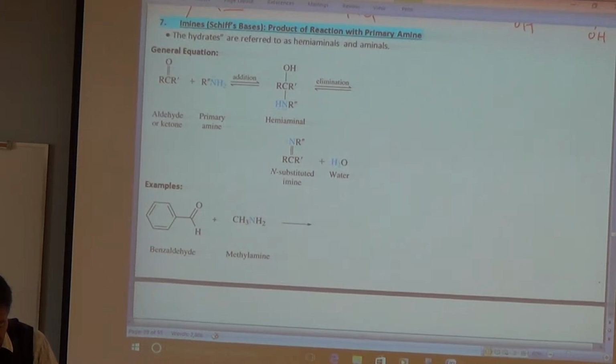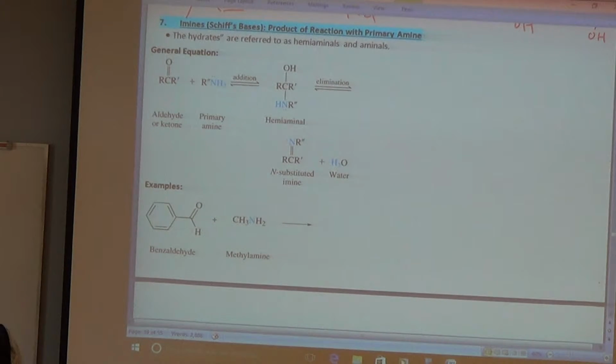The general reaction is you will go through the addition of the primary amine onto the carbonyl carbon and produce a hemiaminal. So instead of a hemiacetal, you have an amino group. It's very interesting to compare adding alcohol with adding the amine.